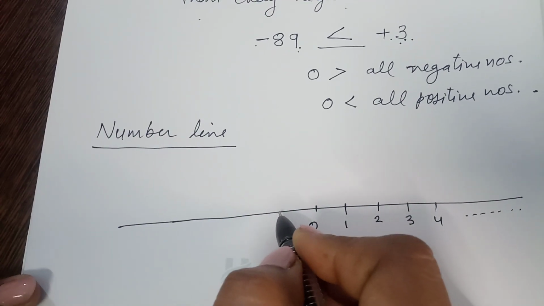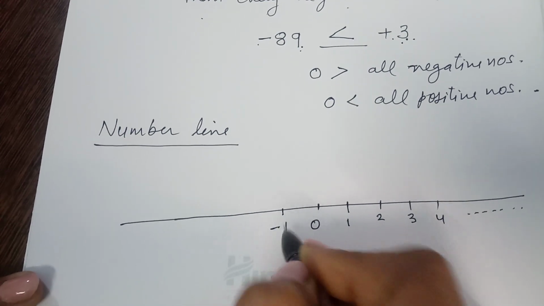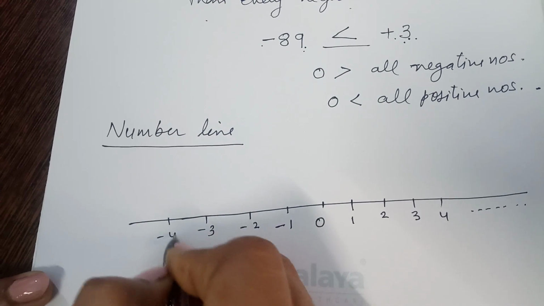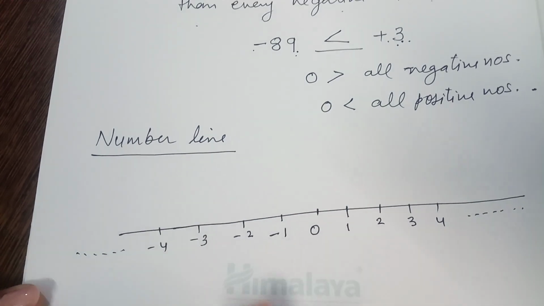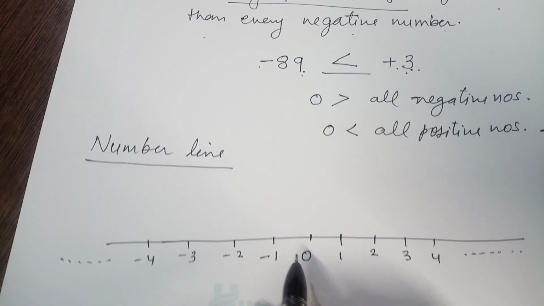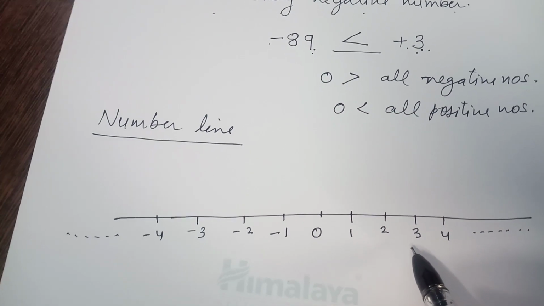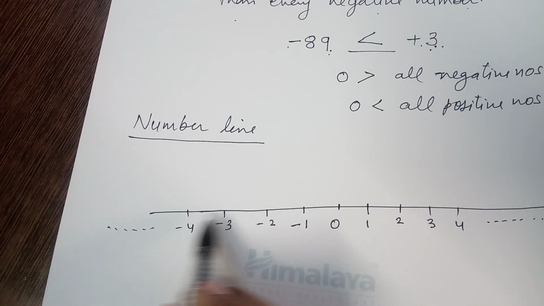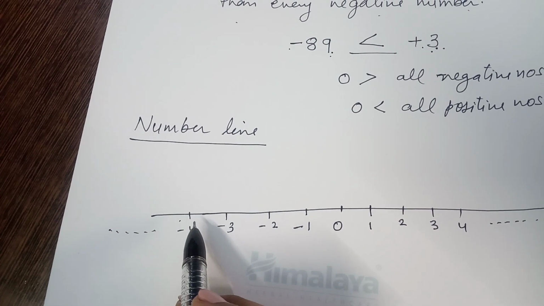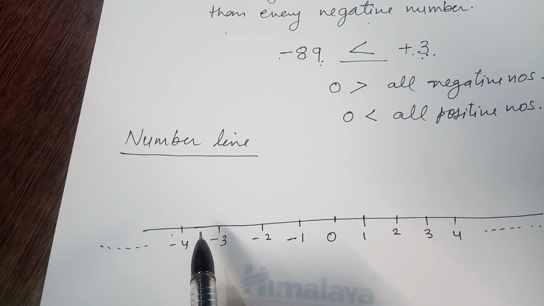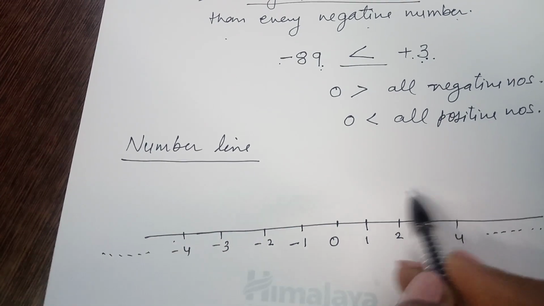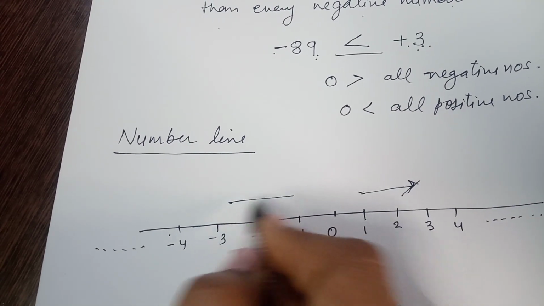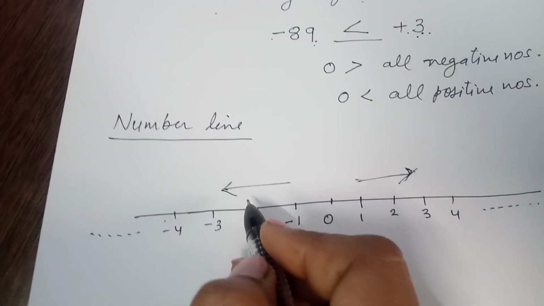And on the left side of 0, all negative numbers minus 1, minus 2, minus 3, minus 4, and so on. So, what this number line shows is that negative numbers are always located towards the left of 0 and positive numbers are always located towards the right of 0. Positive numbers on the right side, negative numbers on the left side.